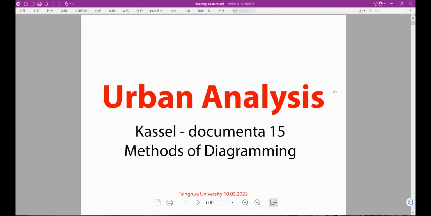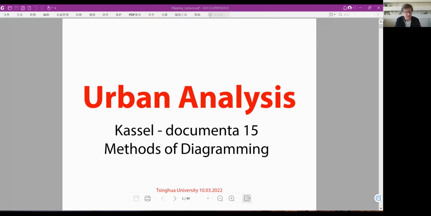Actually, today I want to speak about how to do urban analysis, in particular about the methods of diagramming. And this will, of course, be about the city that you have to analyze, and according to your project, you're going to do it in the Chinese side or the German side.